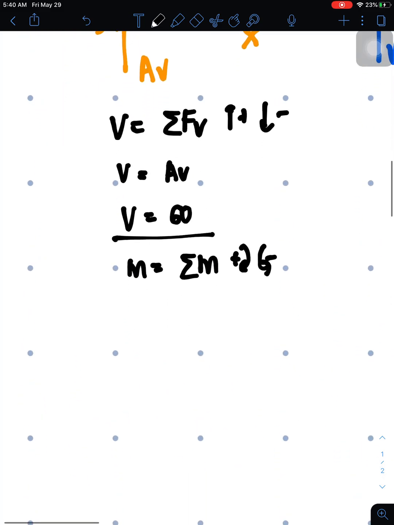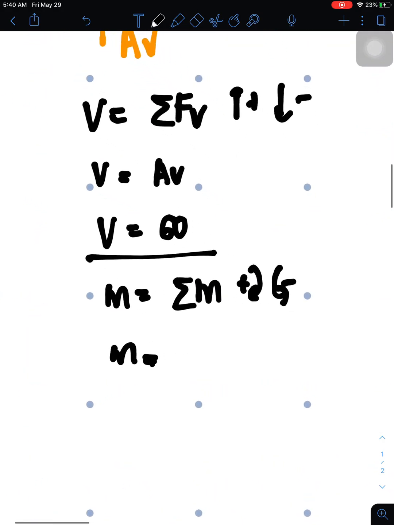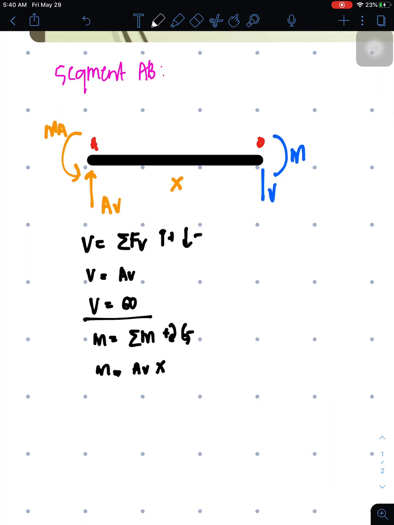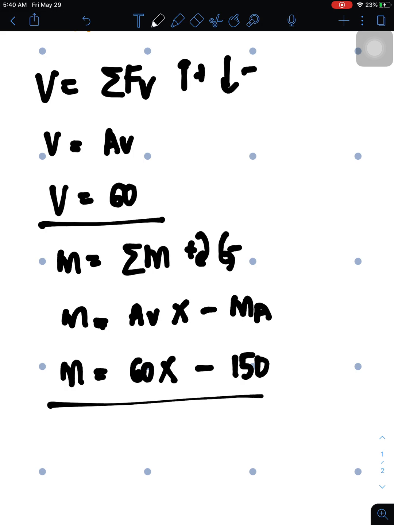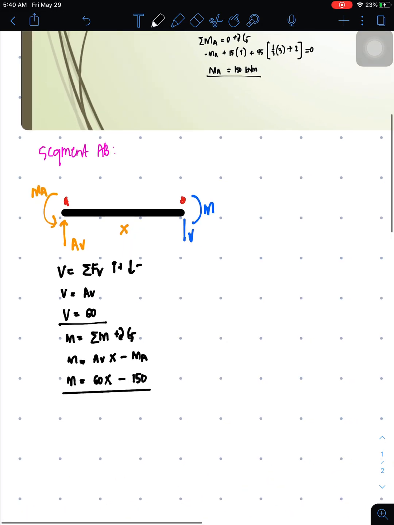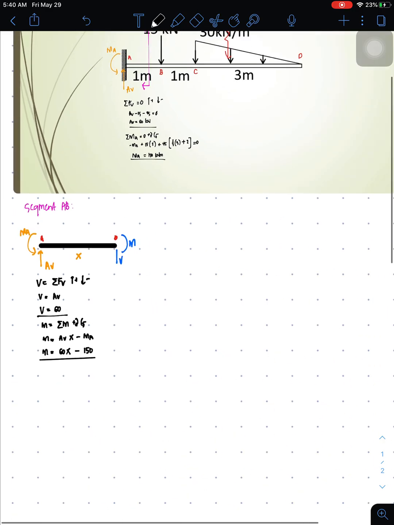So starting with M, you have AV multiplied by X as the moment arm, clockwise so positive, then minus MA. So the moment equation for AB is 60X minus MA, which is 150. This is our segment AB equation.